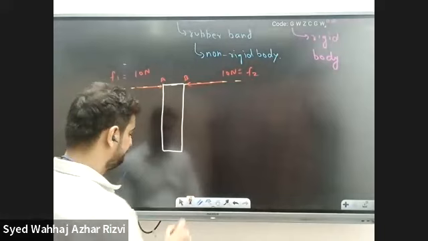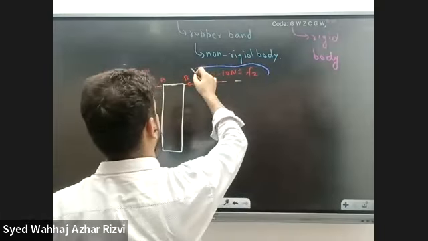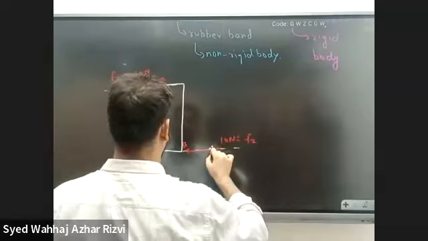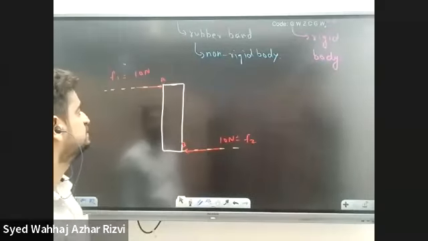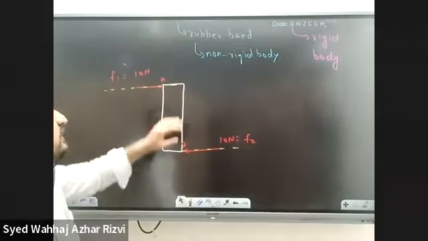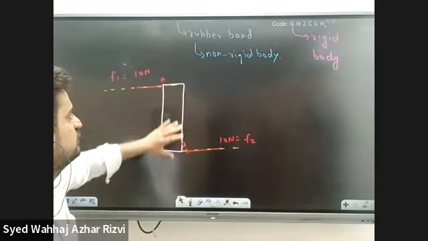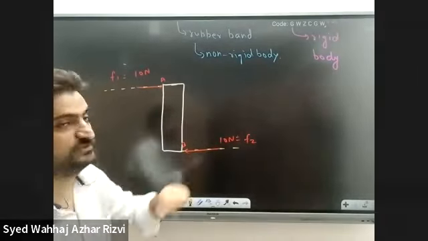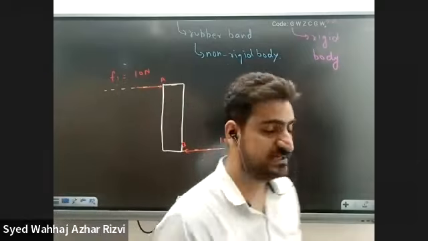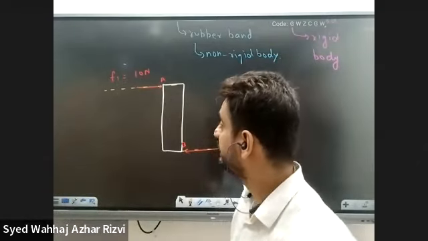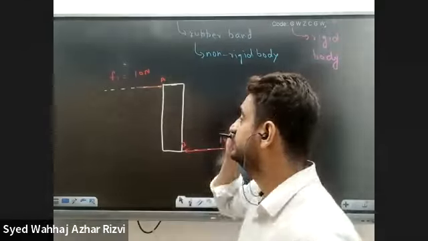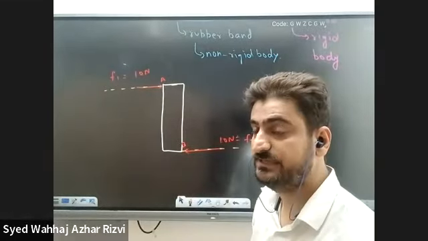But let's take another case. Let's take point B somewhere below. What is happening over here? We have a block of wood with two forces, F1 and F2. These two forces are not acting along the same line. The lines of the forces are different and a little displaced from each other.